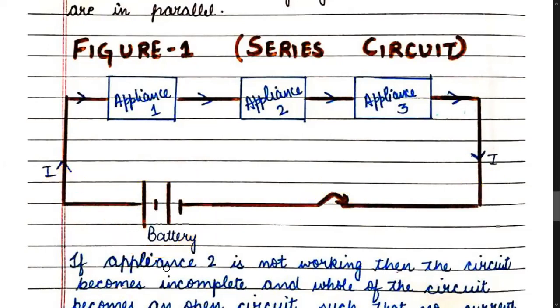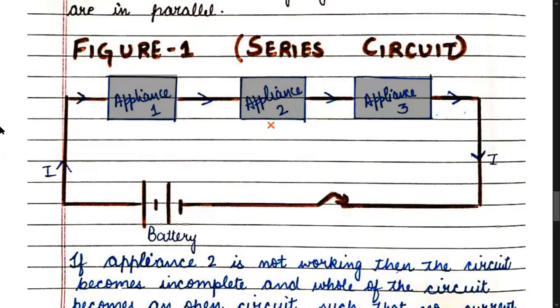And here in the series connection, students, I have drawn 3 appliances, that is appliance number 1, appliance number 2 and appliance number 3.